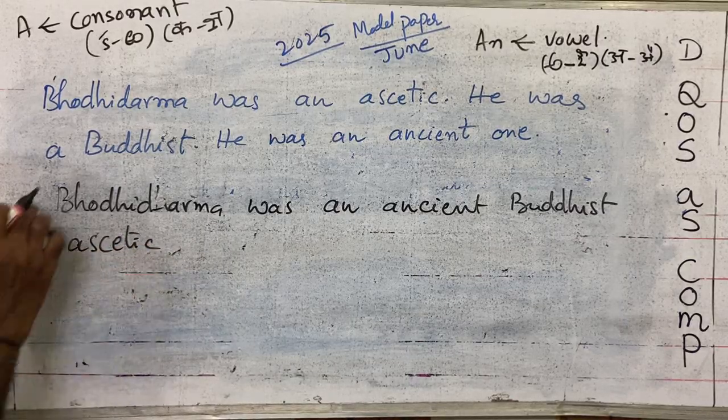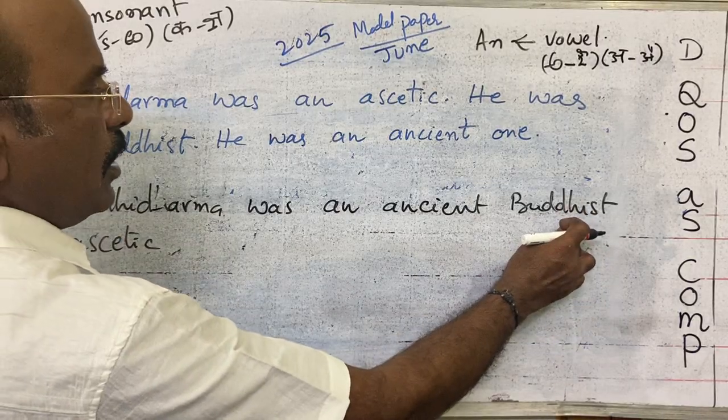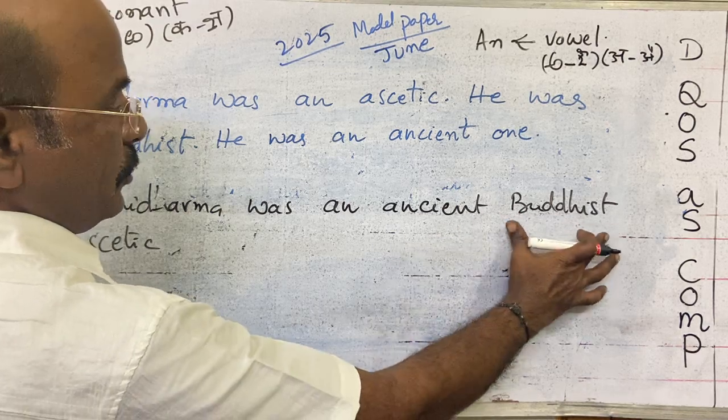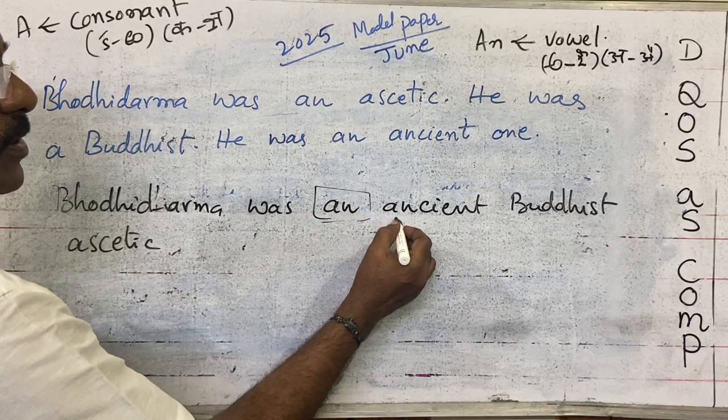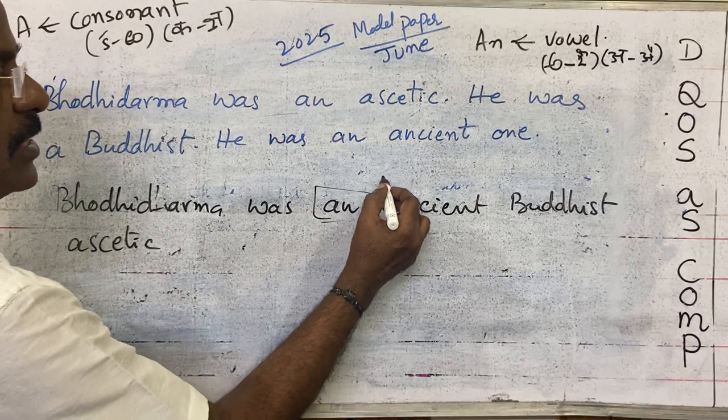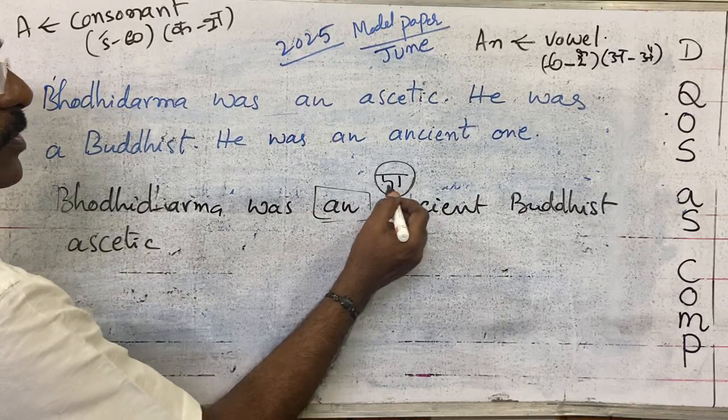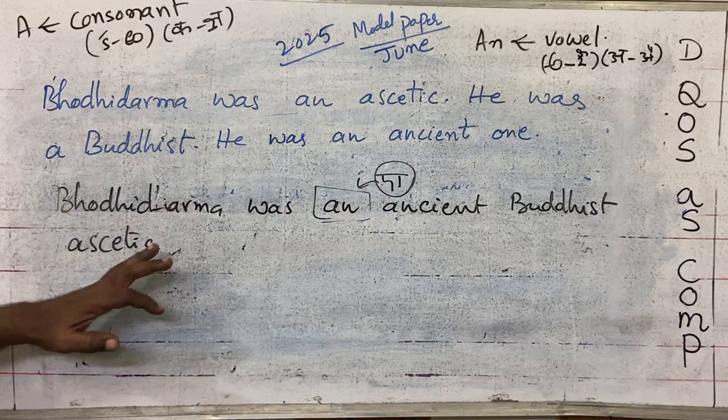So ascetic, Buddhist, ancient Buddhist. Here an is used because this is the sound of a vowel, the sound is a. So that's before that, and you are writing.